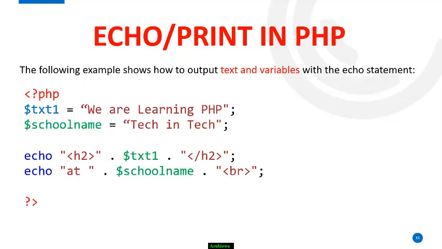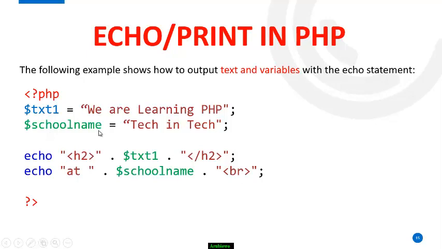So let's look at echo or print in PHP. The following example shows how to output text and variable with the echo statement. Echo is a PHP function that is used to print out results or variable values in PHP. I can see we have a variable named txt1 equals we are learning PHP.